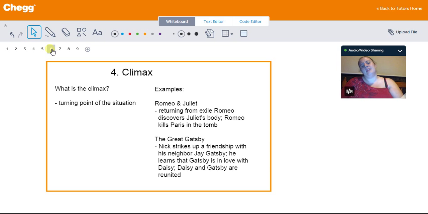In The Great Gatsby, this is where Nick begins to become good friends with Gatsby, while also discovering that Gatsby has been in love with his cousin Daisy for quite some time, and Nick provides this gateway for Daisy and Gatsby to be together again.